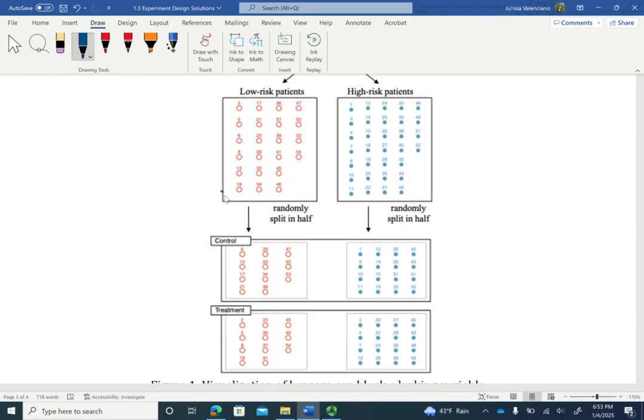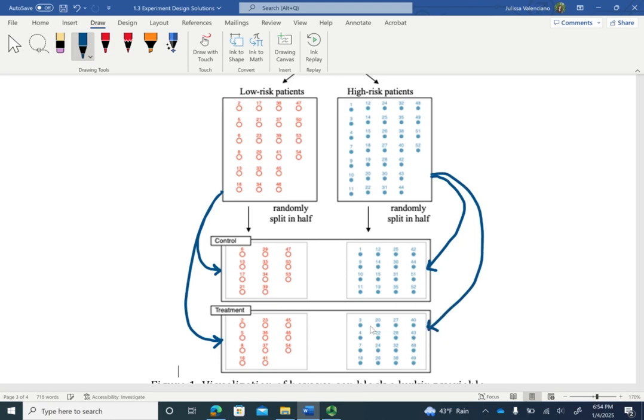Once this happens, you can randomly split the low risk patients in half. Half of them would go into the control group and half of them would go into the treatment group. Okay? Same thing with the high risk patients. Randomly split them in half. Half of them would go into the control group and half of them would go into the treatment group.